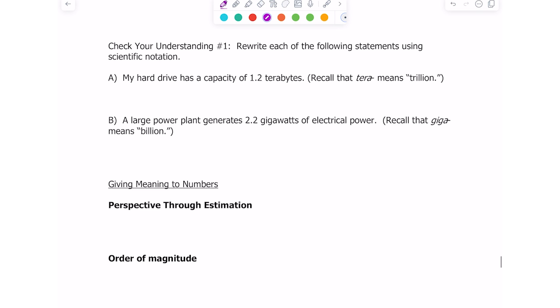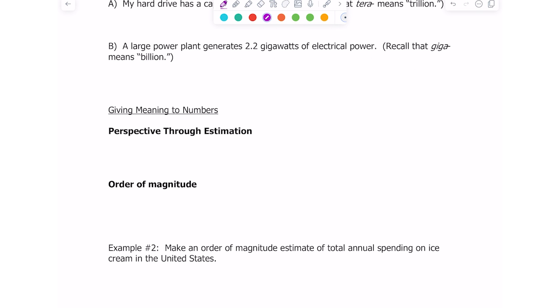We have this term order of magnitude, and you're going to see this a little bit in this section. So it's an estimate which specifies only a broad range of values. And we'll look at some examples here.